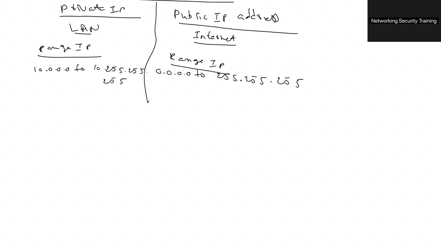A private IP address is not visible to the internet, and a public IP address is visible to the internet.